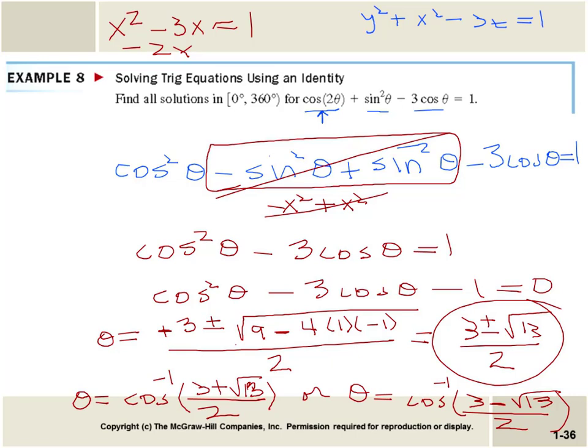It gives 107.6, and the second one comes out to an error. It could come out to an error because, let's see, 3 minus the square root of 13 over 2. It doesn't matter. So the first one is 107.6.